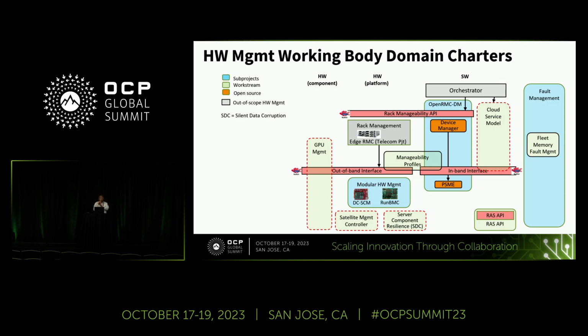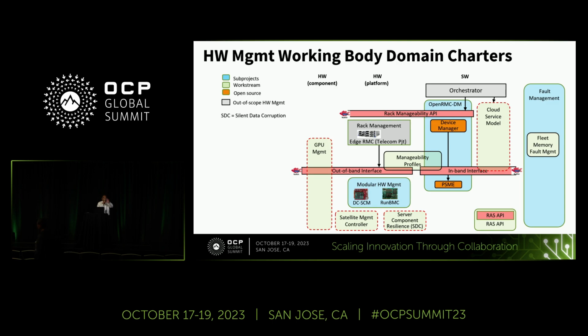And then as you move to the side, this is where you see the RAS API pretty much spans everything within the platform, whether it's component level or platform level, and then the fault management sub-project, which started working on a number of things. Within that, there is also the fleet memory fault management work stream, where they're specifically looking at memory-related fault management.